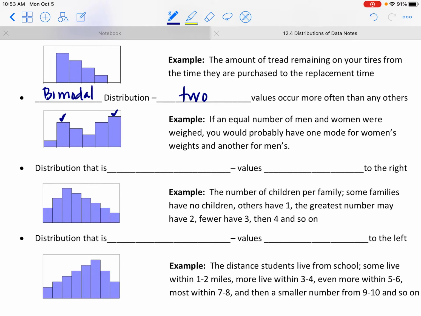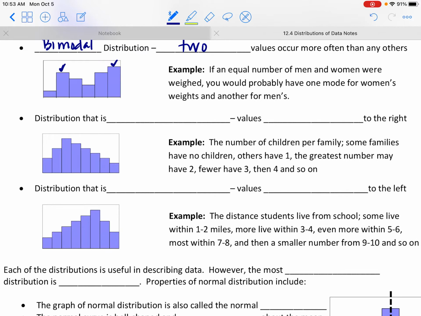Okay. Here we're going to be looking at a distribution that is skewed. This one we're going to call skewed to the right. When you have a distribution that is skewed to the right, you're going to see some increase and some decrease.